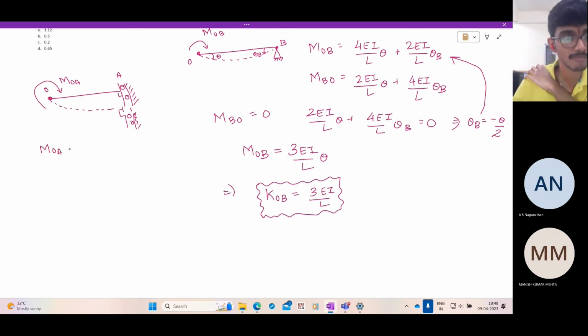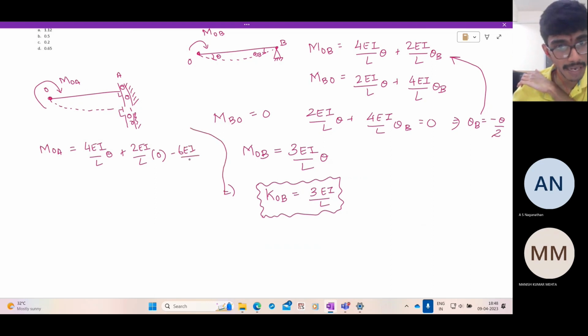So let us write it down. MOA from the slope deflection equations is equal to 4EI by L theta plus 2EI by L theta A, but theta A is 0. It remains at 90 degrees to the support, so it is 0, plus 2EI by L into 0, minus 6EI by L square delta, because this has drifted laterally by delta.